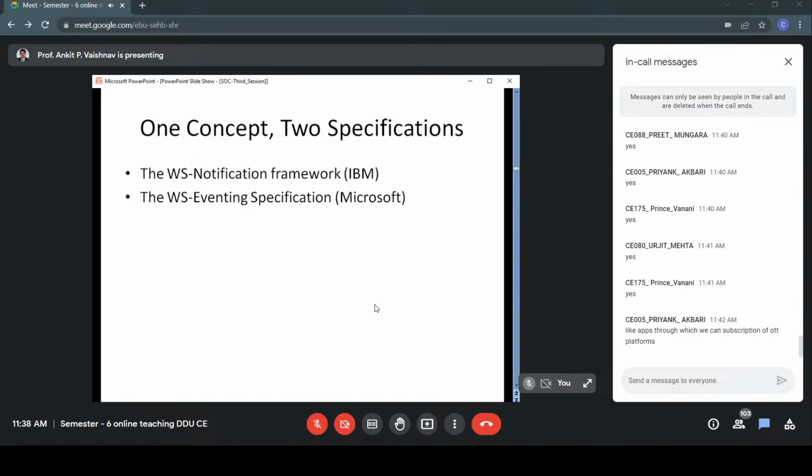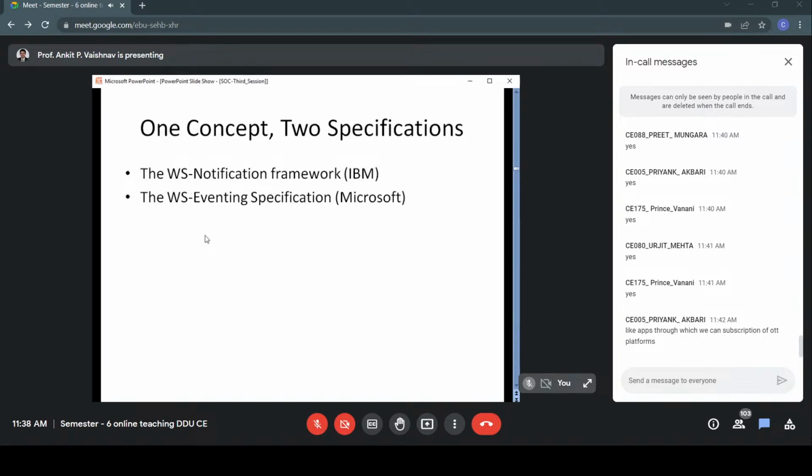So Microsoft is using eventing for implementation of publisher subscriber, and wherever there are IBM solutions, they are using WS notification. Actually, this is the only point where we have proprietary standards. Generally in SOA, we don't have proprietary standards. They are global standards. But this is the only case where there is a proprietary standard. Got the concept?